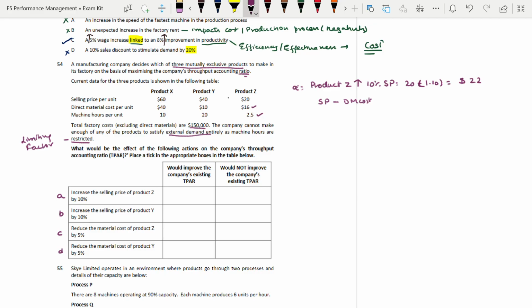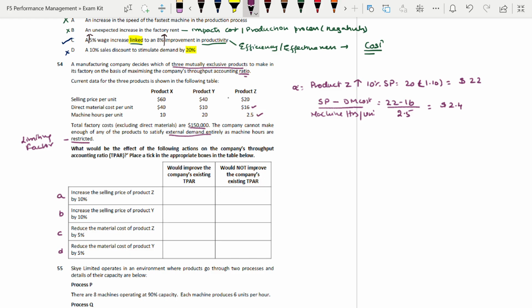Selling price minus variable cost, which is 22 minus 16, divided by the machine hours per unit, 2.5. It comes to 2.4.